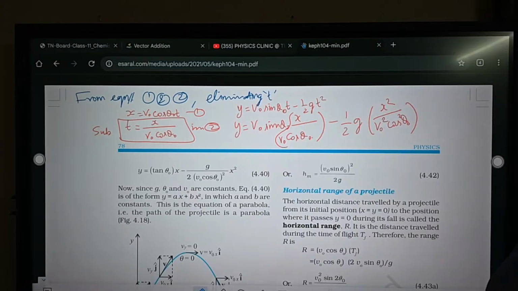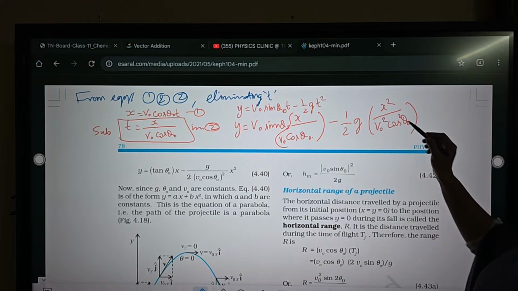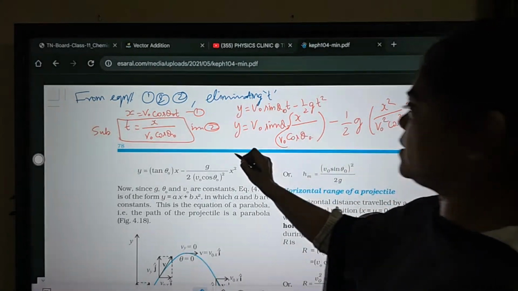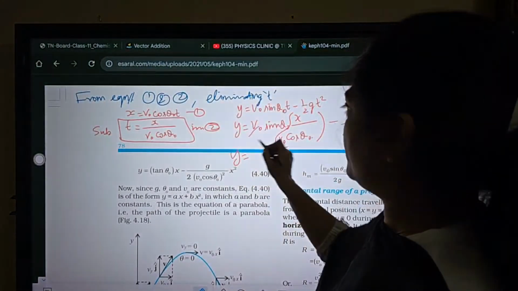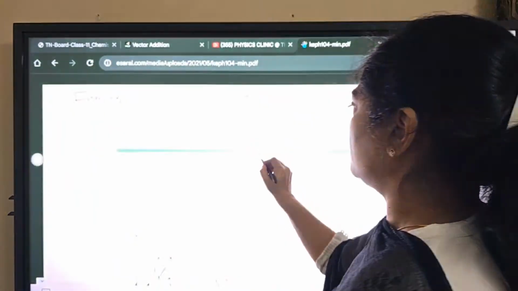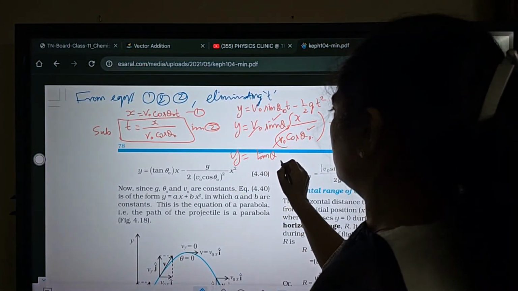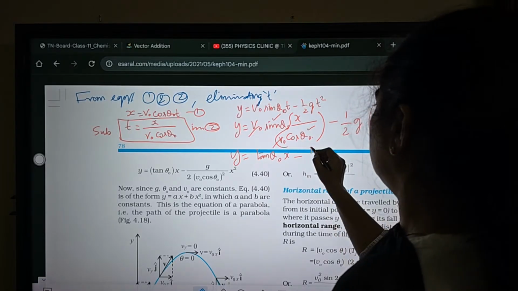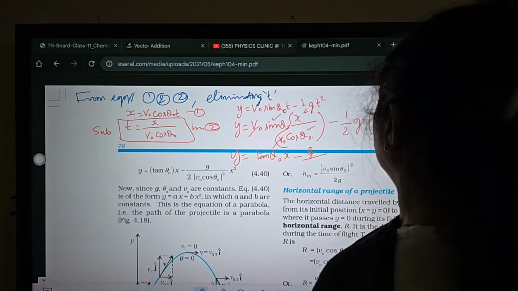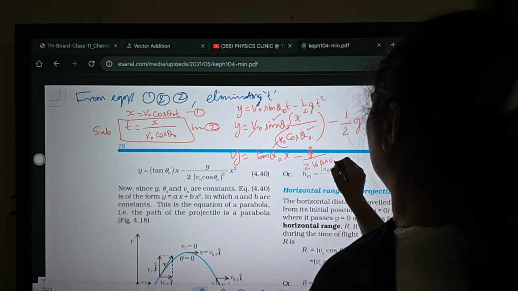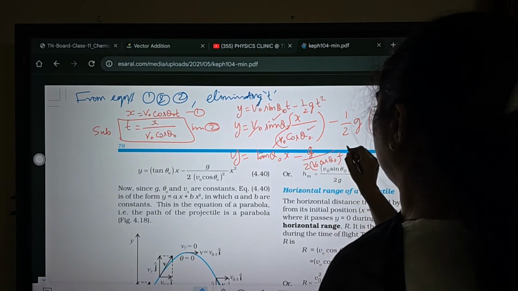Or else you can simply write x square by v naught cos theta naught the whole square. So here it conveys clearly, right? So v naught gets cancelled. What is sin theta naught by cos theta naught? Tan theta naught, x minus g by 2 times v naught cos theta naught the whole square into x square.